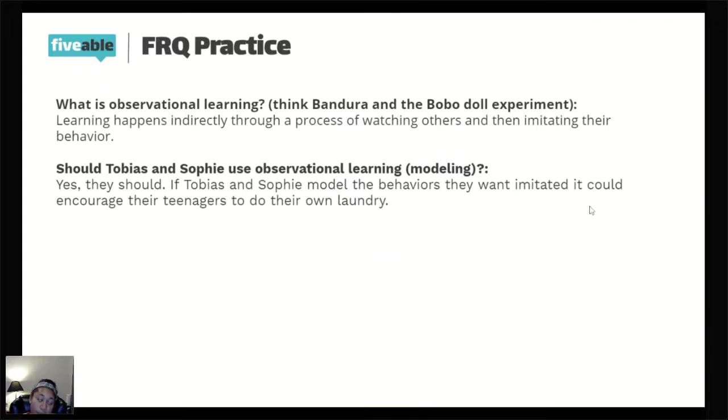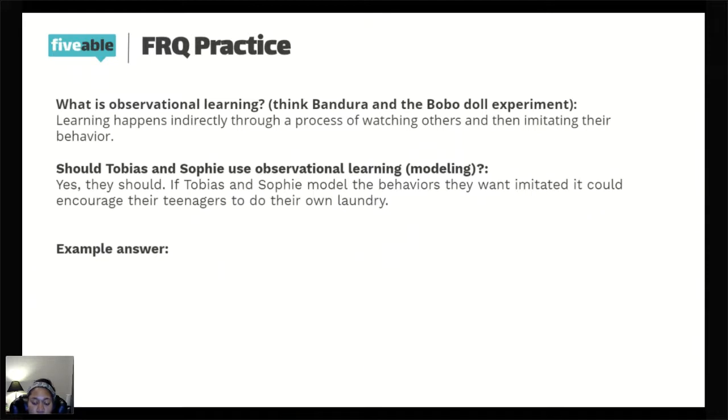If they see their parents always doing their own laundry, and they hear their parents talking about how great it is to do your own laundry and how amazing it makes you as a person, they may see that as, okay, my parents do it. They say all these good things about it. They are encouraging me to do my own laundry. So yes, that could actually help Tobias and Sophie to get their children to do their laundry.